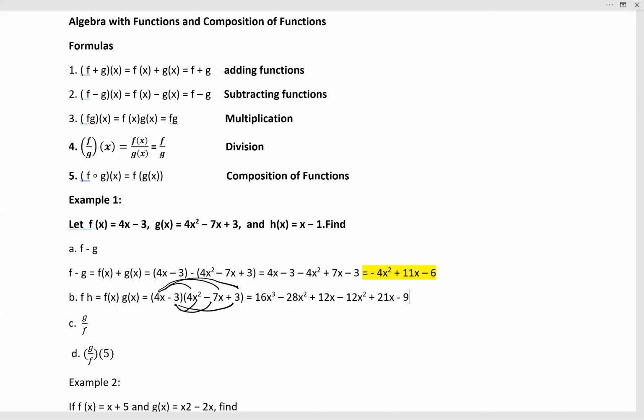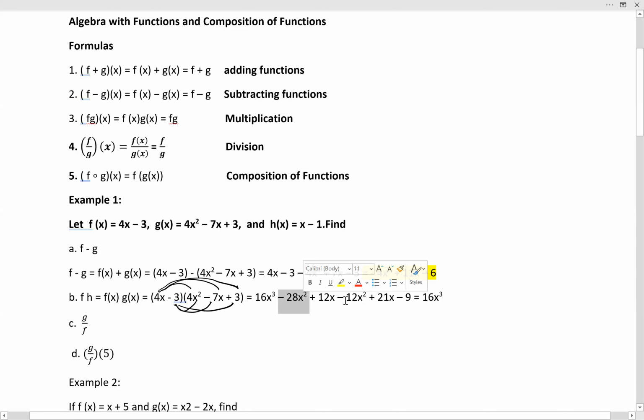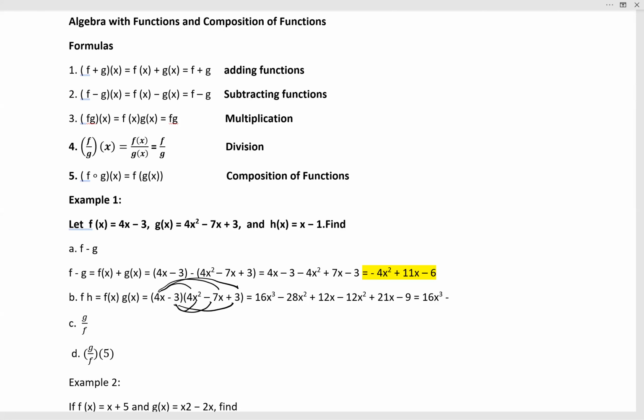Okay, so I will have 16x cubed, stay there, and then minus 28x squared minus 12x squared. So that's going to be negative 40x squared. Okay.